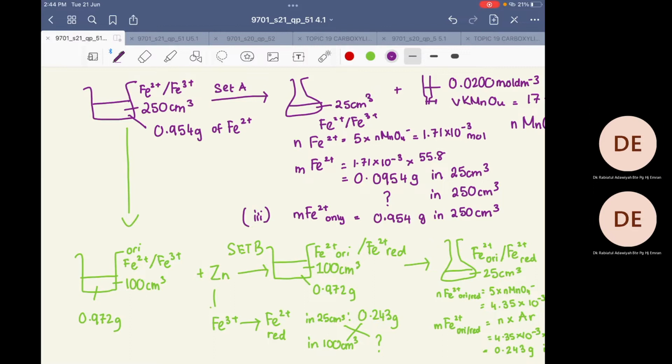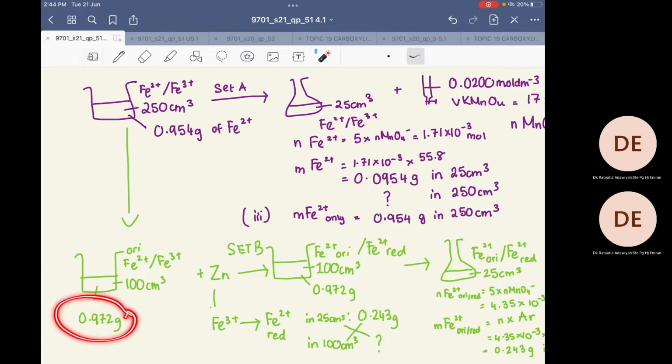Next, I want to find the percentage by mass of Fe3 plus. I don't know anything about the mass of Fe3 plus, but I know the mass of Fe2 plus alone, and I also know the mass of Fe2 plus and Fe3 plus in 100 centimeter cube.